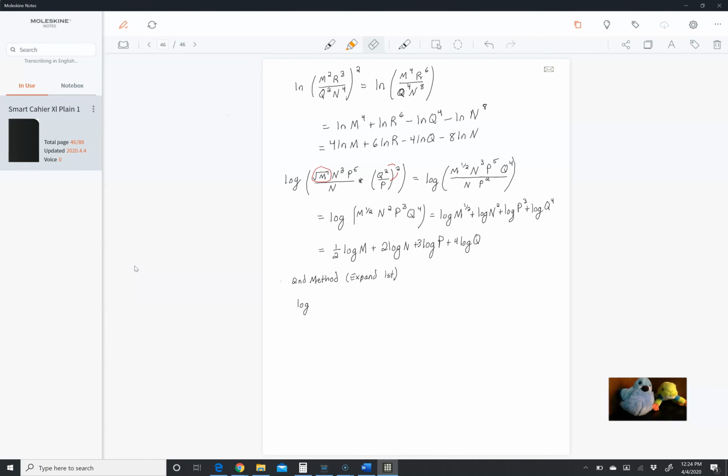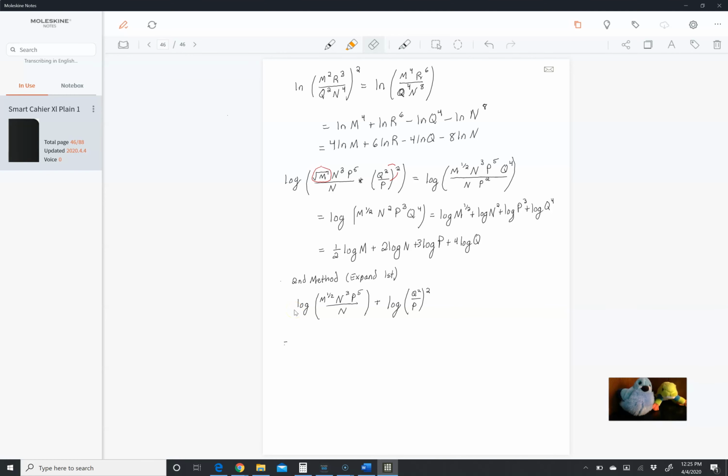You get the log of m to the 1/2 n cubed p to the 5th over n plus the log of q squared over p squared. Okay, there was multiplication here, so we can expand it by making it into addition. Now we can do each of these separately.